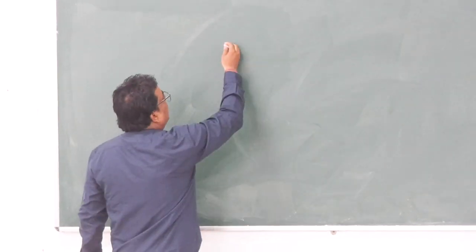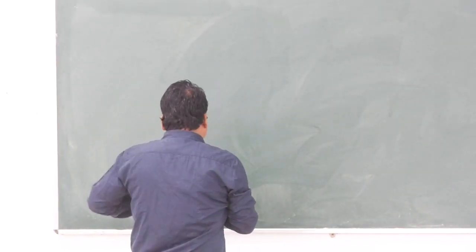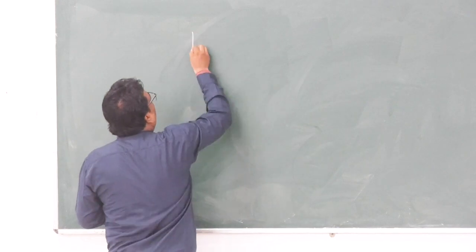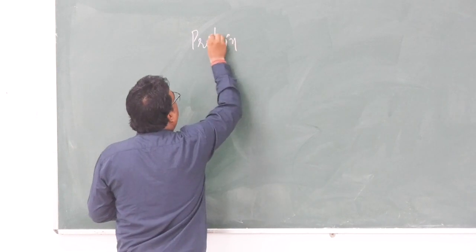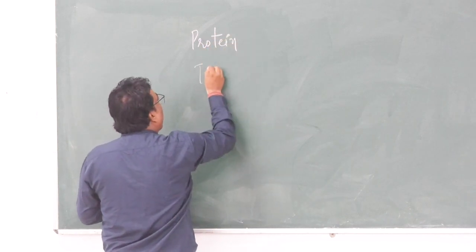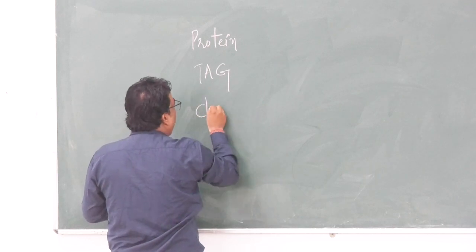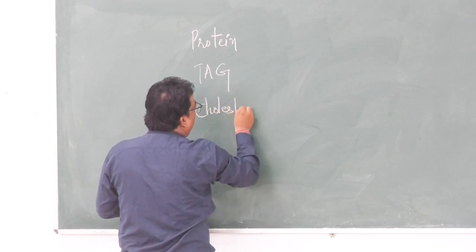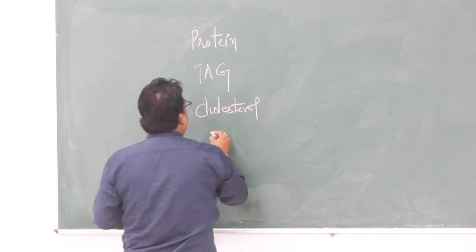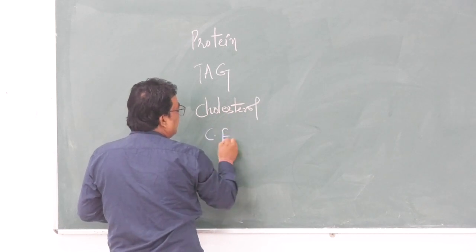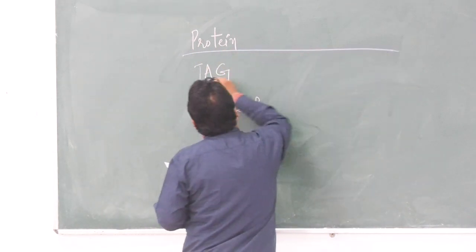Let me show the percentage distribution of all these molecules through this chart. C stands for cholesterol esters.